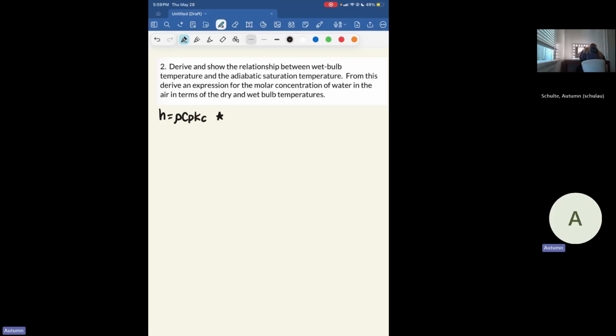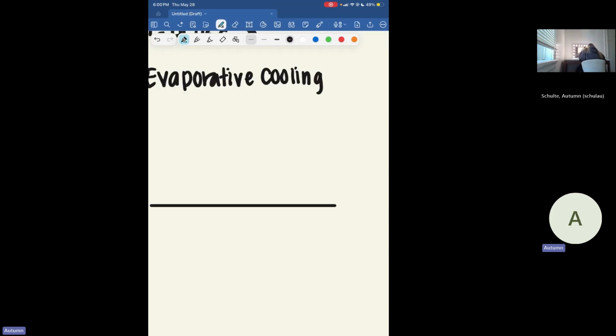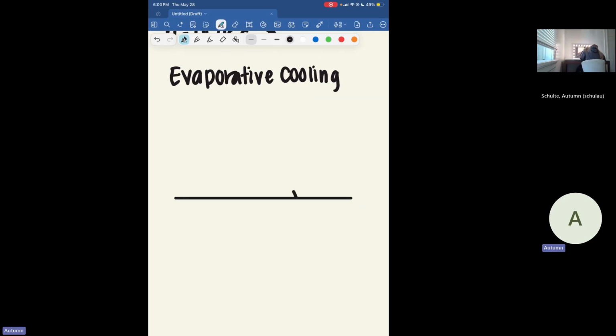Okay, so for this situation, our first scenario we're going to look at is evaporative cooling. Now to model this, we are going to imagine we have this flat surface. And this flat surface has a water bubble on top of it.